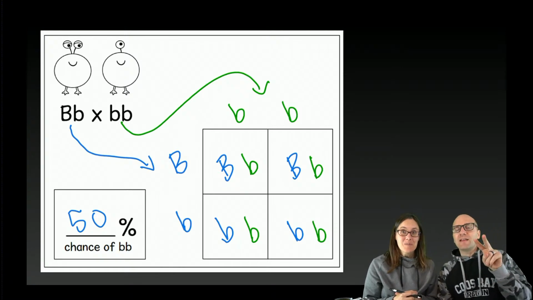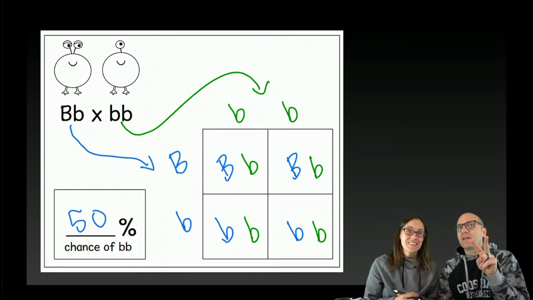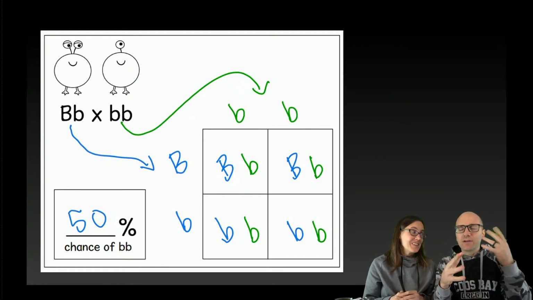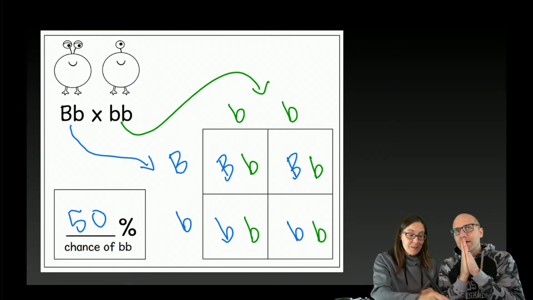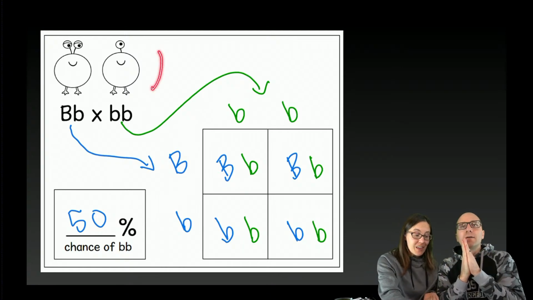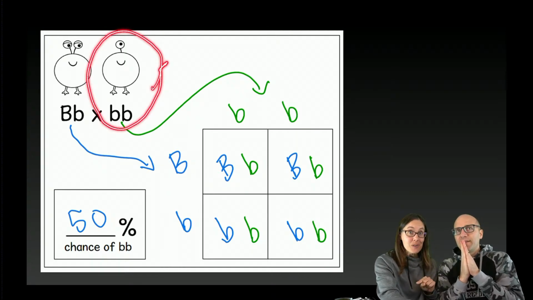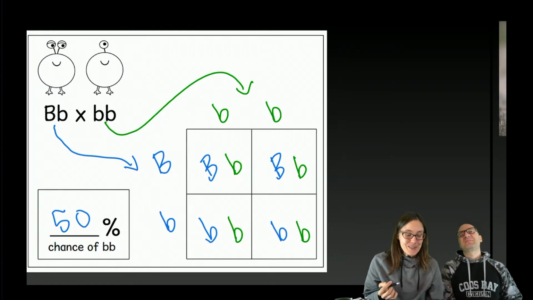So I could see that the alien has 2 eyes, but I don't know necessarily whether it has capital B capital B, or capital B lowercase b, so whether they're homozygous or heterozygous. But you always know if it's a recessive trait, right? If you see a one-eyed alien, then automatically you know this genotype is little b little b because it's recessive. So sometimes you can see genotype. It's pretty cool.